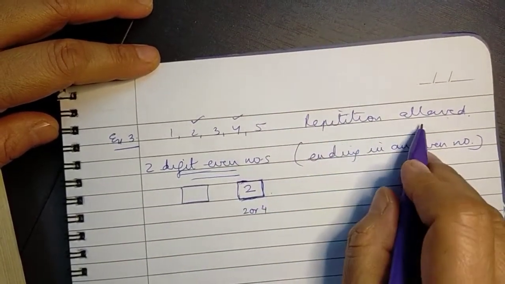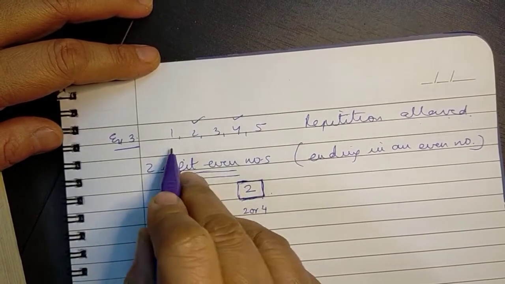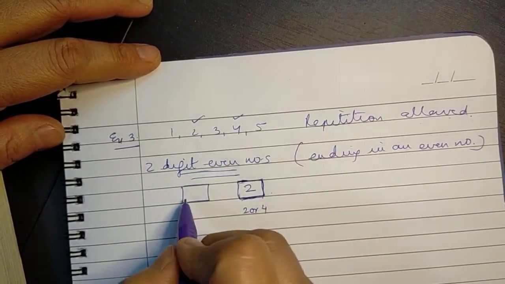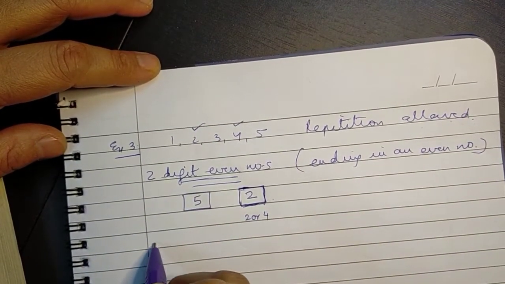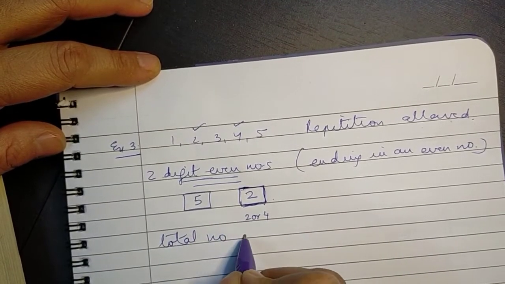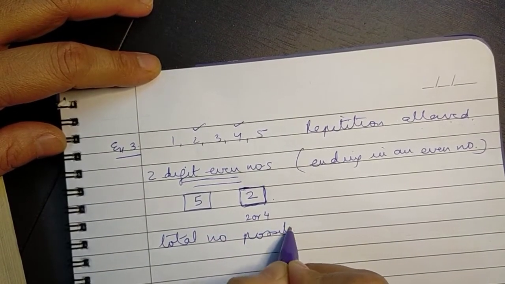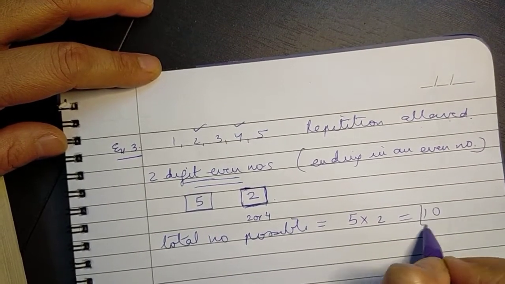Now repetition is allowed, so no matter what we have used here, all 5 digits are available to fill up the first position. So you have 5. So total number possible is equal to 5 into 2, which is 10.